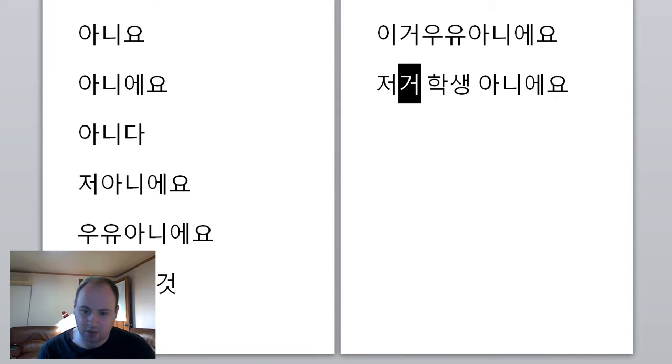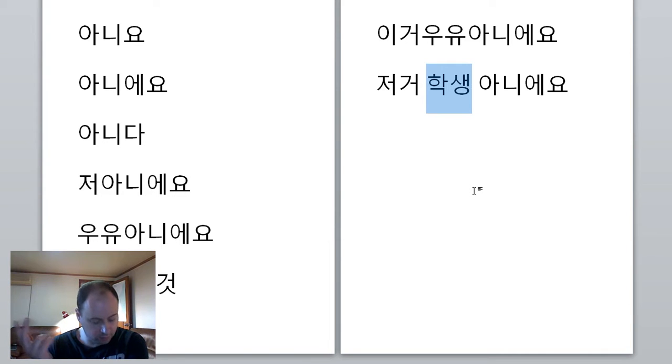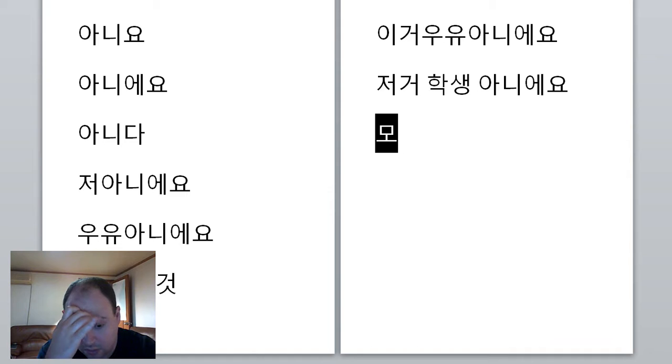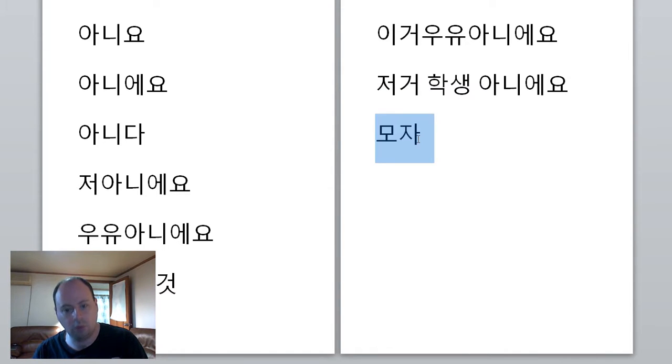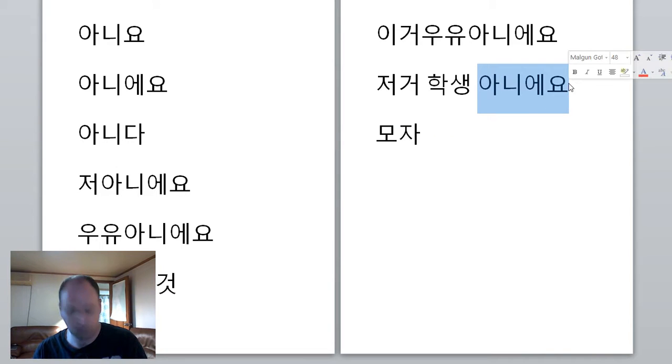You're saying that is not a student, and we can just replace this noun with anything we want. For example, we could replace it with 모자, which is hat. So 저거 모자 아니에요 would just become that is not a hat.